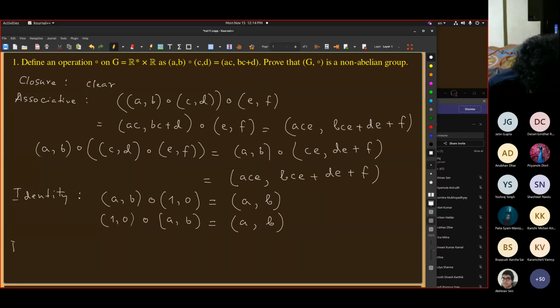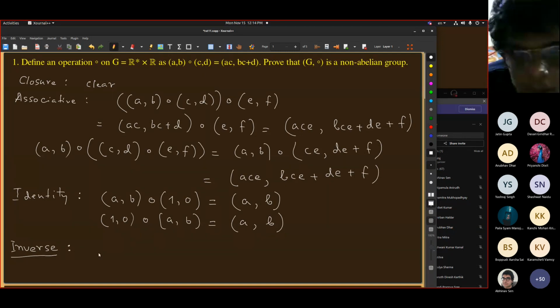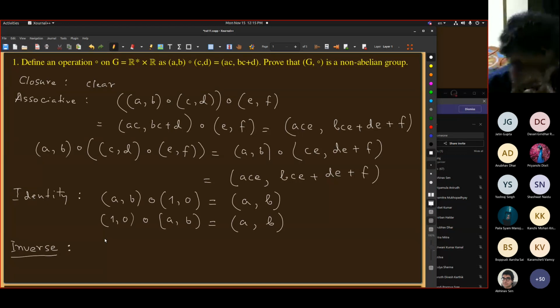Finally, I have to find the inverse of every element. Sir, what will happen if this identity does not commute? Actually, it's not a difficult thing, but you can see that identity always commutes.